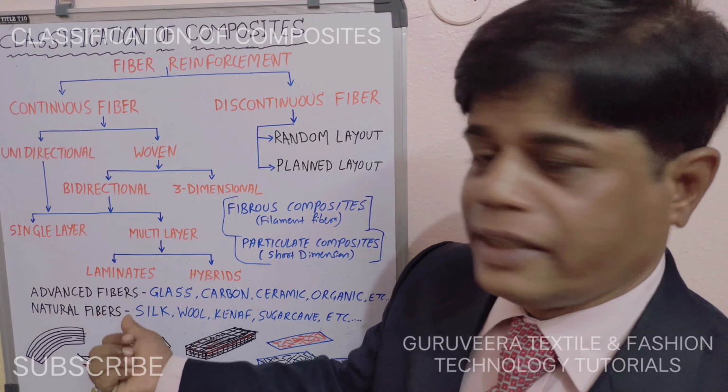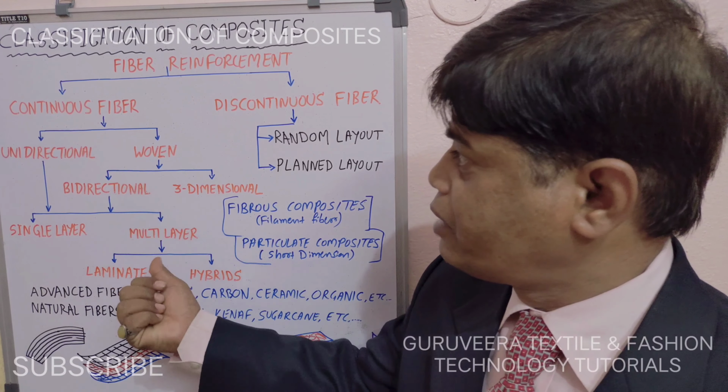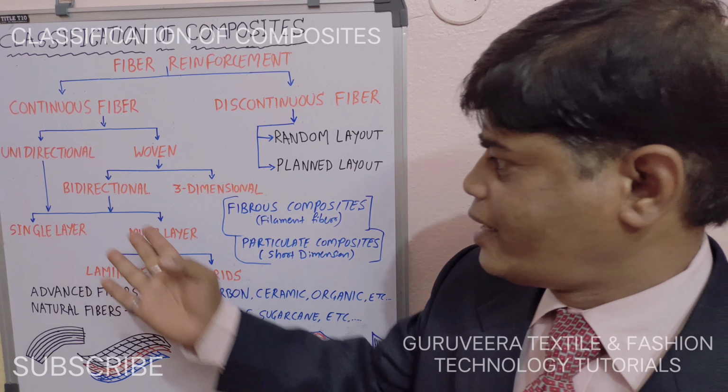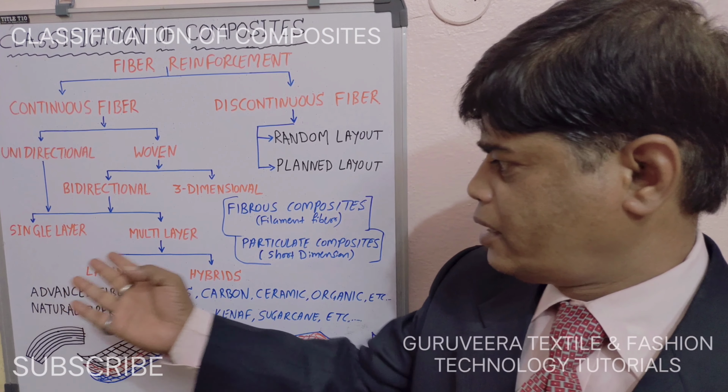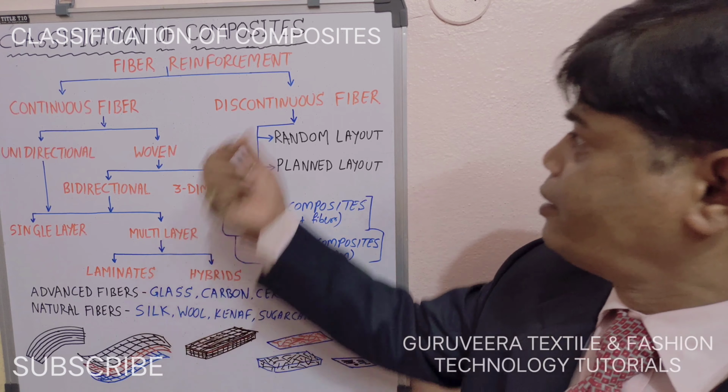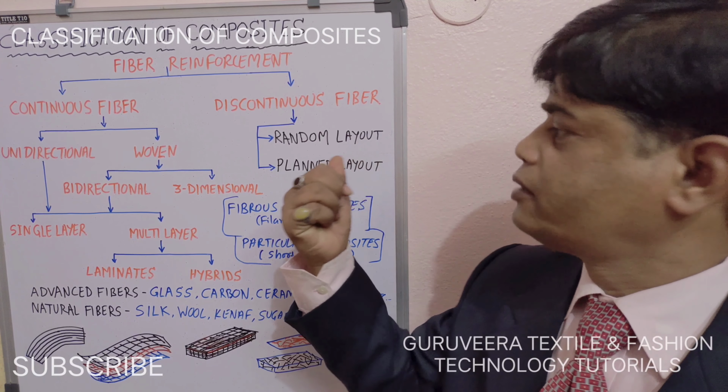I explained in the previous video about continuous fiber reinforcement, that is unidirectional, bidirectional, three-dimensional, single layer, multi-layer, or laminates and hybrids. Okay, now what are discontinuous fibers?